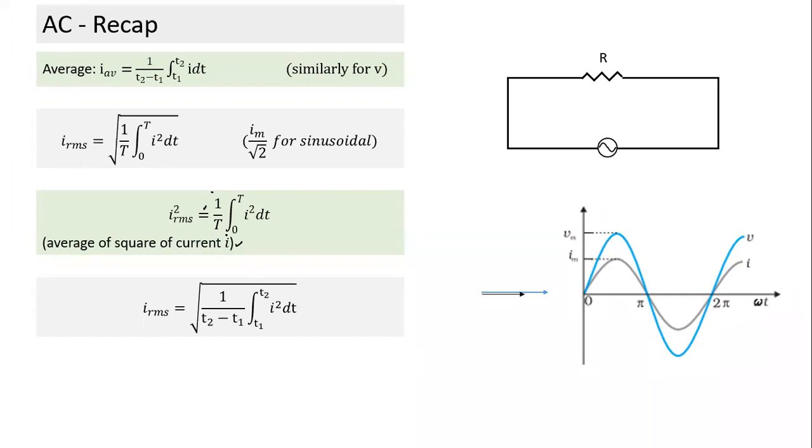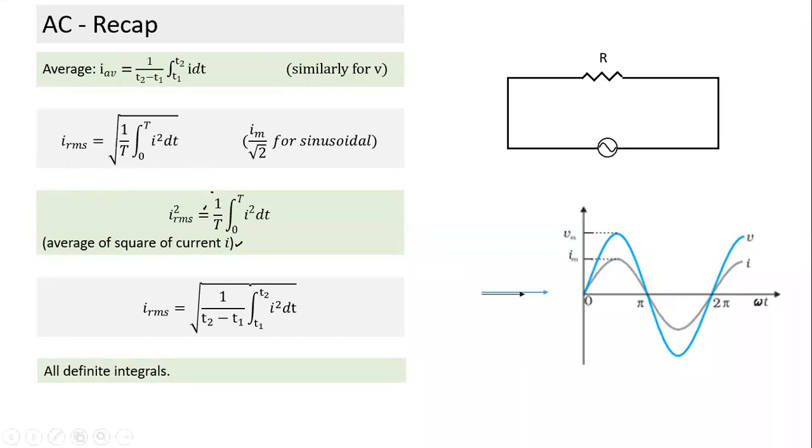In that case, rather than taking 0 to capital T, we'll take whatever time is given here. So this is for a specific time interval, and all are definite integrals. As far as finding these values is concerned, there's not much physics, just simple mathematics, definite integrals.